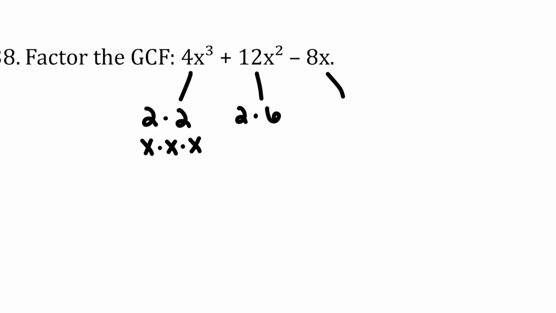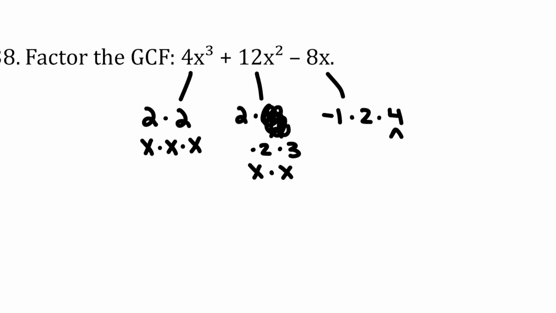We could also call this 2 times 3 here. So it's actually just 2 times 2 times 3. And then we have x times x. And then a -8x. So -1 times 2 times 4. But instead of writing 4, 4 is 2 times 2. And then we have an x.